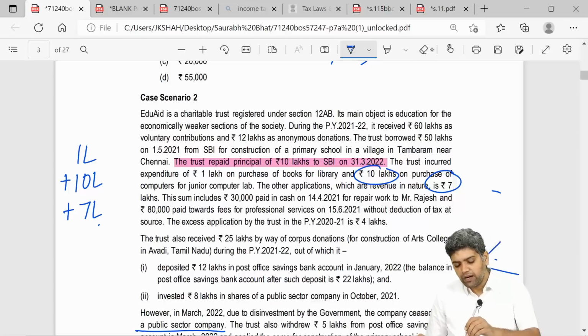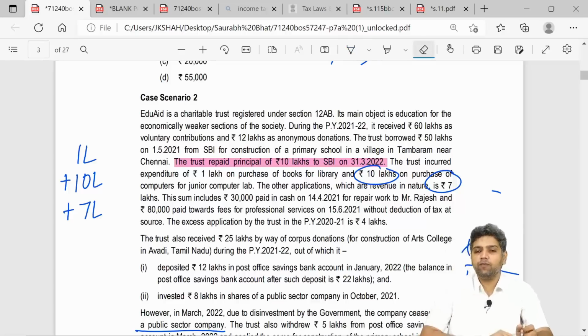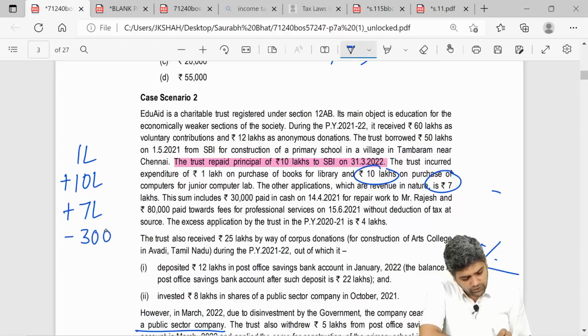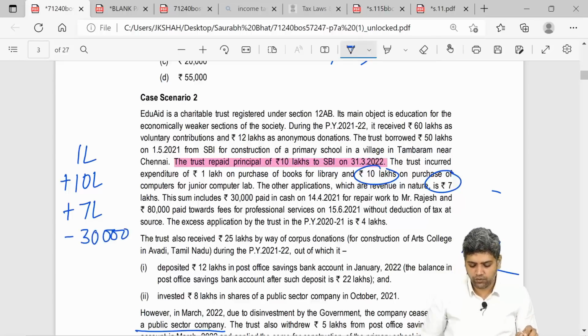As per the amendment made in the preceding year, provisions of 40A subsection 3 and 40(a)(ia), non-deduction of TDS, have been made applicable to charitable trusts as well. So this 30,000 which you incurred in cash will not be allowed as application of income.